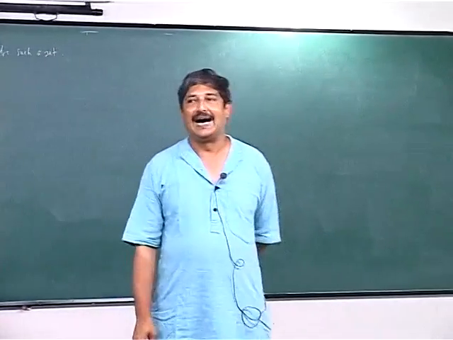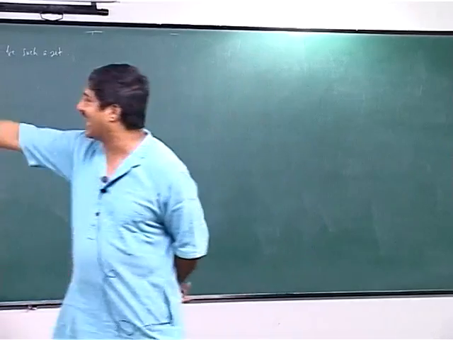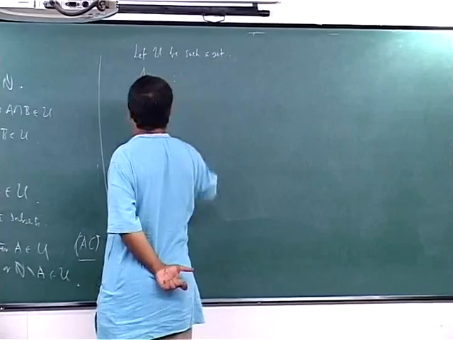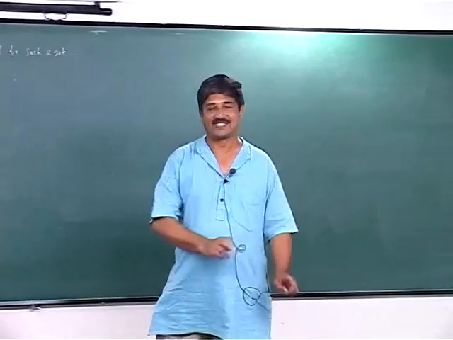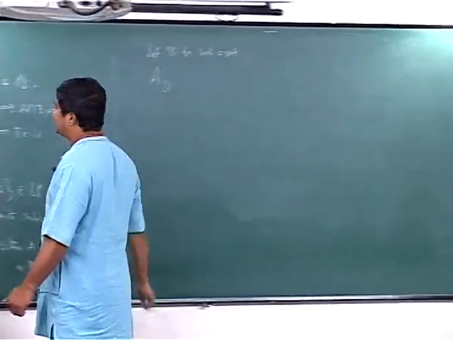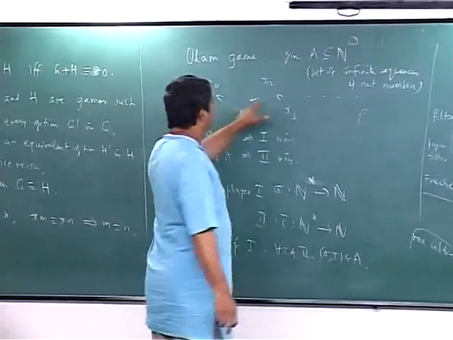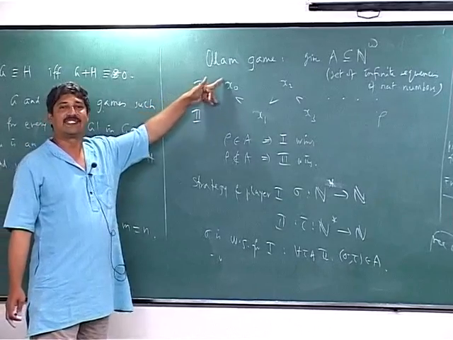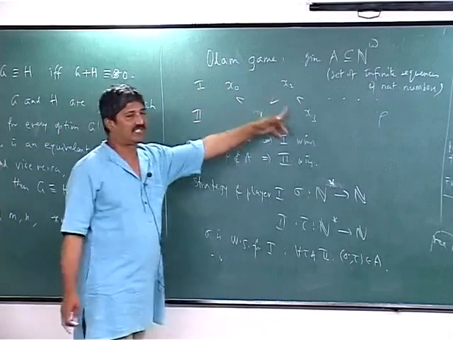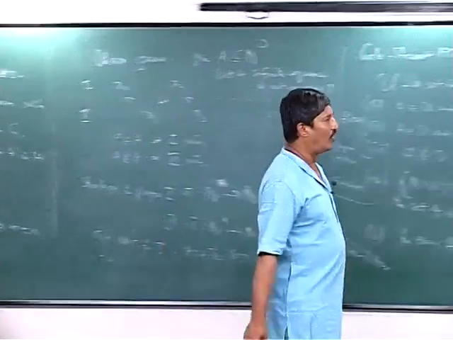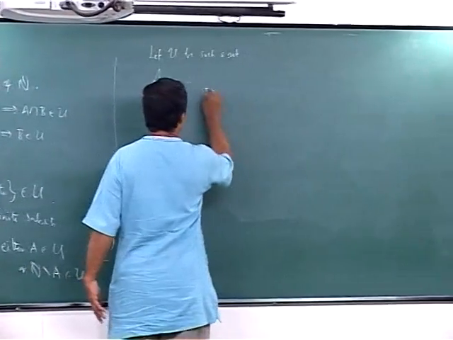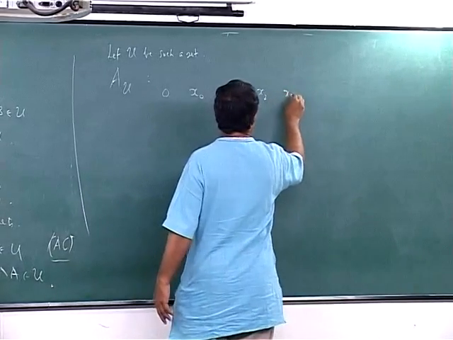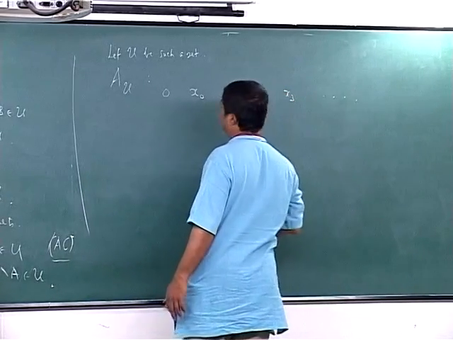Now, I am going to define my set AU as follows. Consider any sequence. I am interested in plays of this kind. A play of the game is going to give me a sequence of natural numbers x0, x1, x2, x3, etc. Now consider the number line looking like this: 0, x0, x1, x2, x3, and so on.